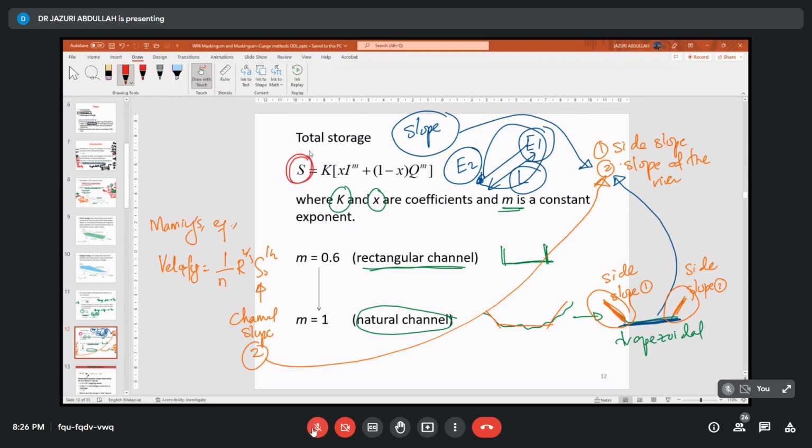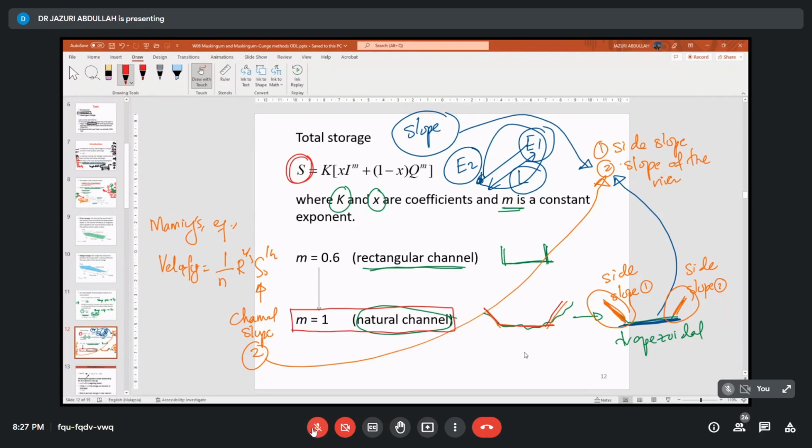Alright, so the M value depends on either rectangular or natural channel. Okay, so if the question is given to you as a trapezoidal channel, even though the M value is stated here as natural channel, you should understand that this is the natural channel provided we mention there is grass, meaning in natural conditions.